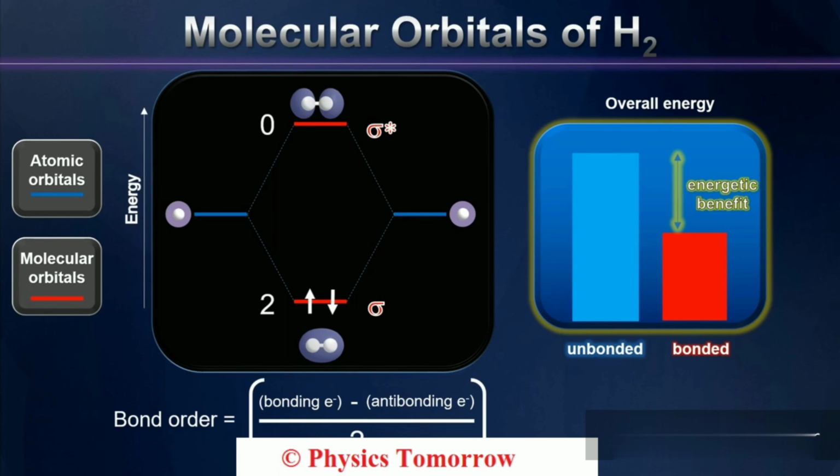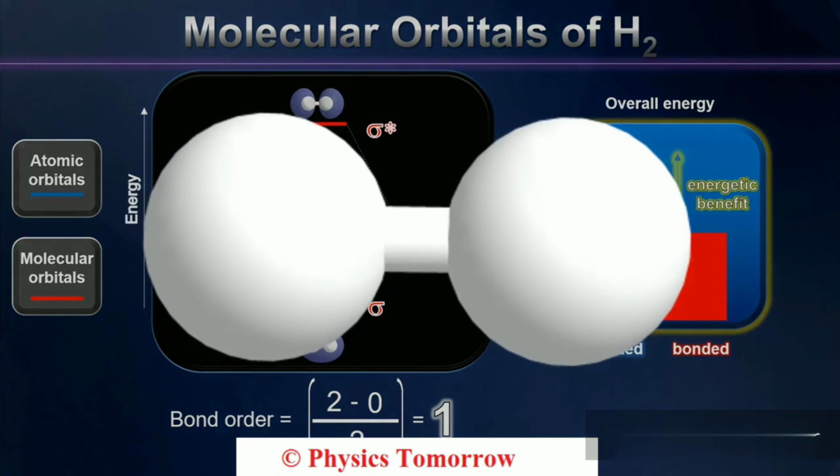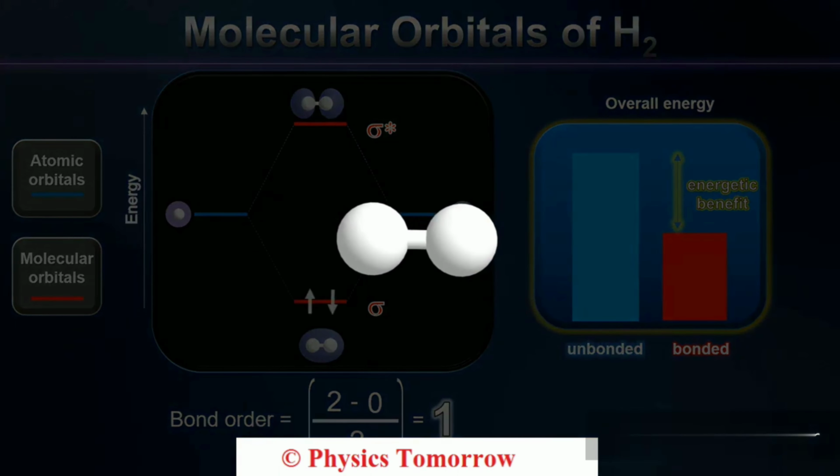In our example here of hydrogen, we have 2 bonding electrons, and we have no antibonding electrons. Consequently, our equation tells us that we expect 2 hydrogen atoms to get together and form a chemical bond with an order of 1. In other words, a hydrogen molecule should have a single bond. And that is, in fact, exactly what we see.